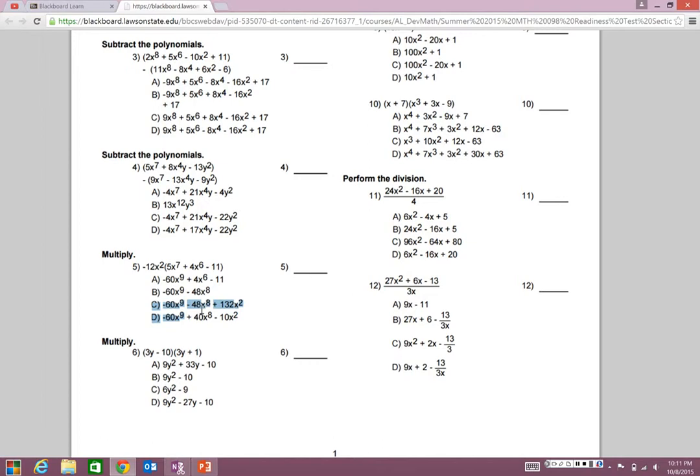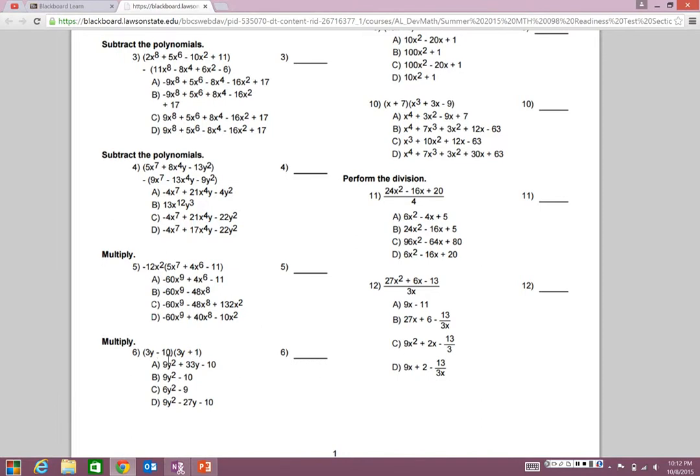C. Alright? Moving on. Now, if we look at number 6, we have a binomial times a binomial. When you have a binomial times a binomial, we do a little something called the FOIL, which means we just multiply 3y times everything in the second parenthesis, and we turn around and multiply negative 10 times everything in the second parenthesis, and then we add our like terms.